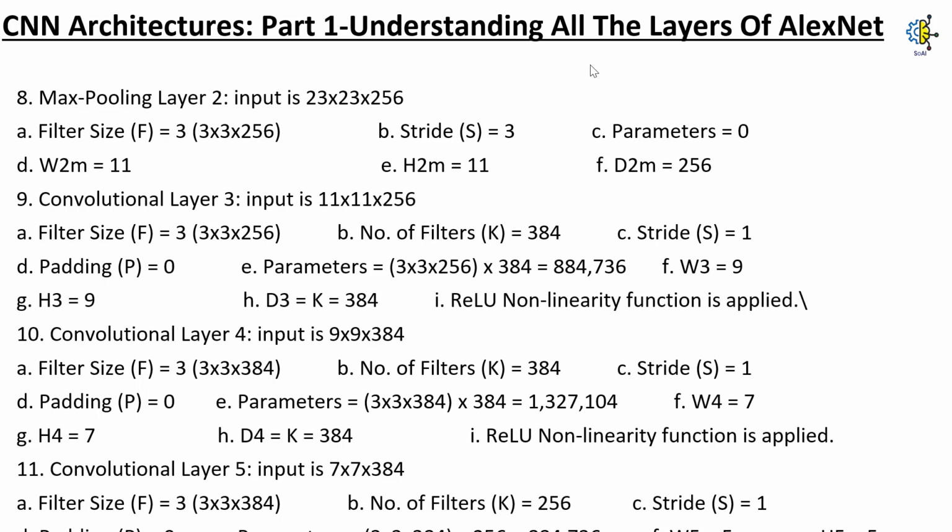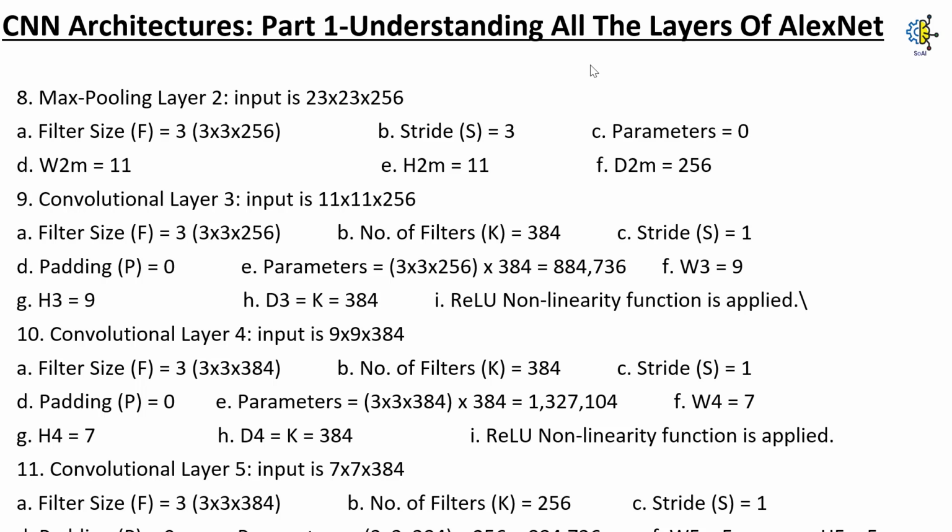Input is 11 cross 11 cross 256 with filter size 3, number of filters 384, stride 1 and padding 0. Here parameters are 8,84,736 and W3 is 9. H3 is 9 and D3 is 384. ReLU nonlinearity function is applied.